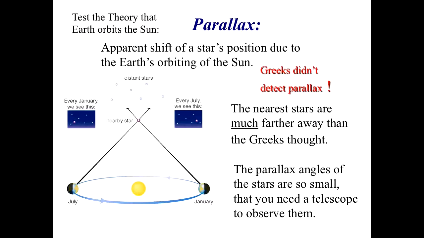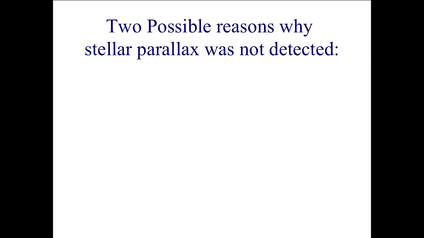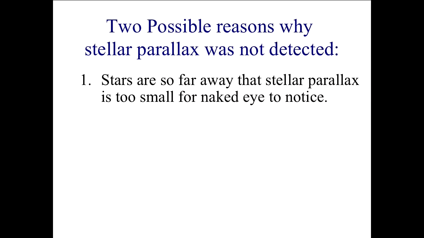But there's one fly in the ointment. There's one way that the Greeks messed up. They couldn't be blamed for it. It turns out the reason they didn't see parallax is that the stars are simply too far away.